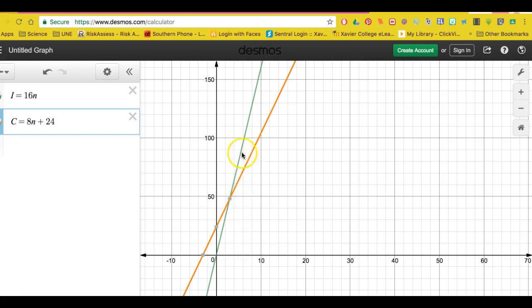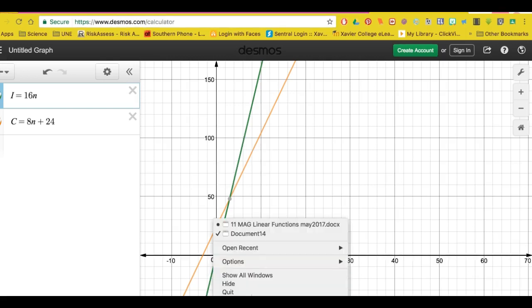If I follow up, and the reason I love DESMOS is I can press on there until I get 6 for my x value, and if you have a look at a value of 6 books being sold, I'm going to make $96, or my income is going to be $96.